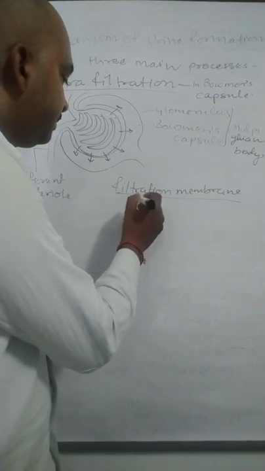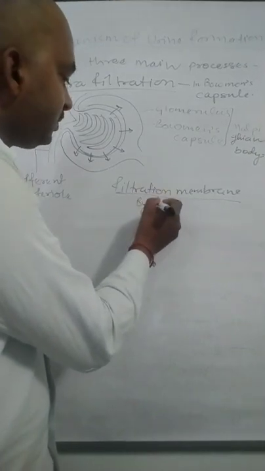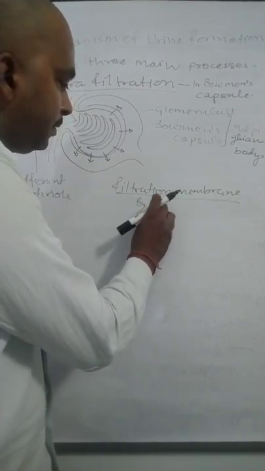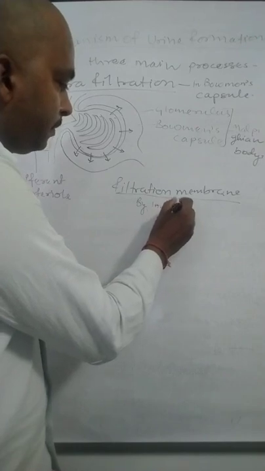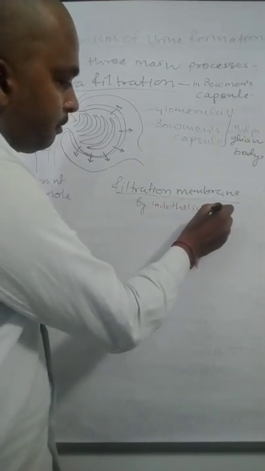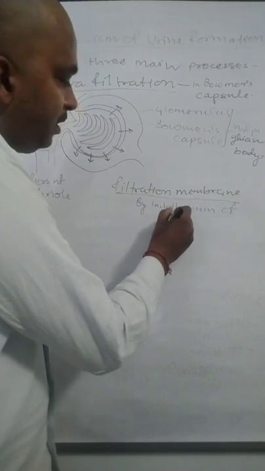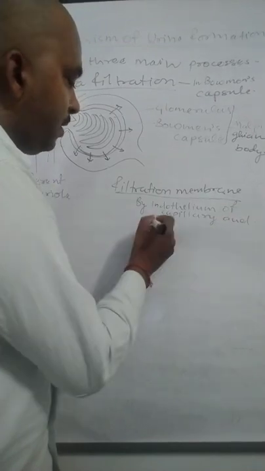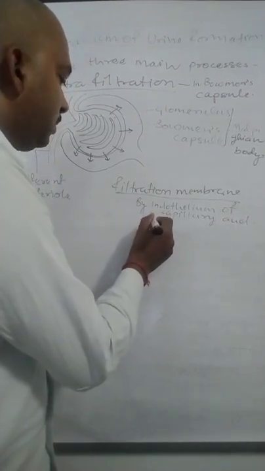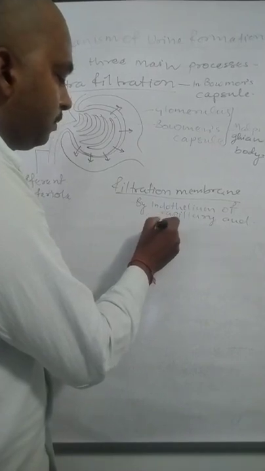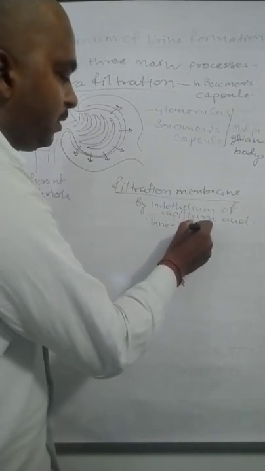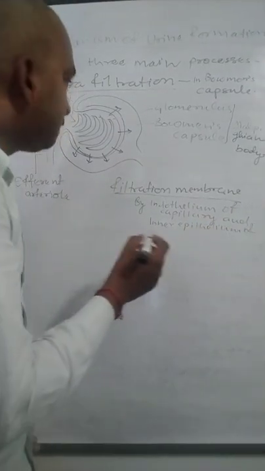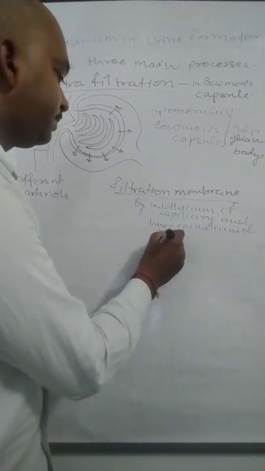It is formed by the endothelium of the capillary and the inner epithelium of the Bowman's capsule.